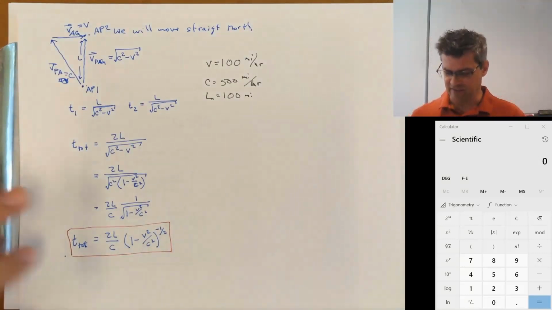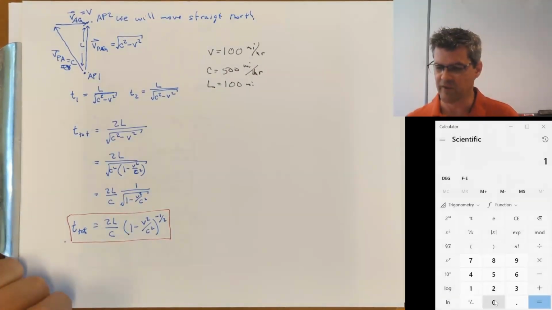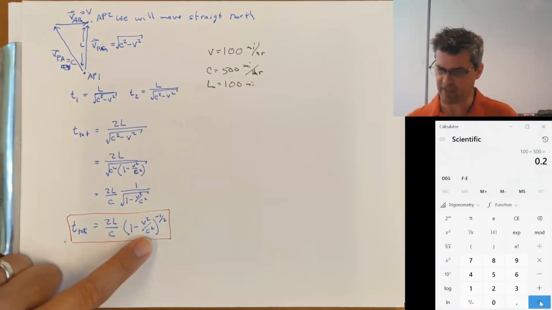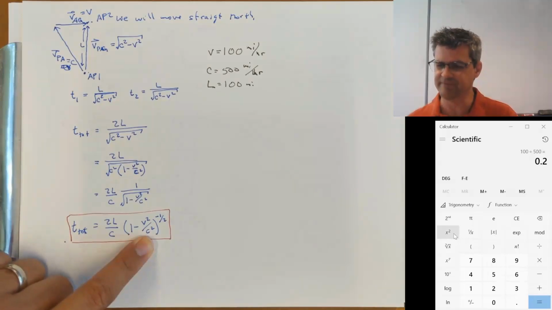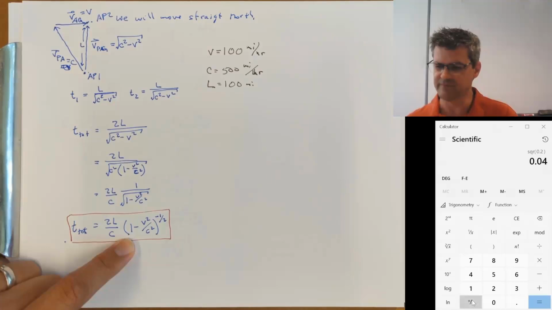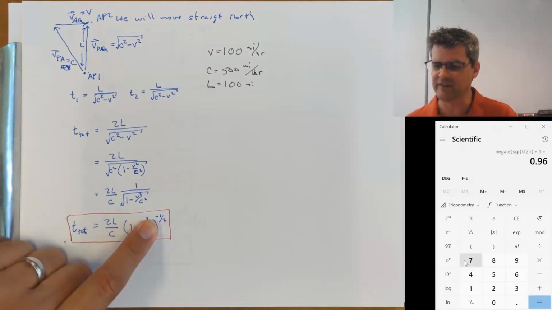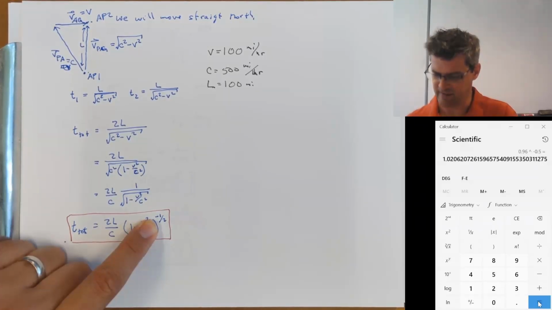So using our calculator, let's look at this scenario first. V squared over C squared is going to be 100 divided by 500. That's a ratio, but I have to square it, right? This is being subtracted from 1. Now this is going to be to the minus 1/2 power, to the 0.5 negative, is equal to this.